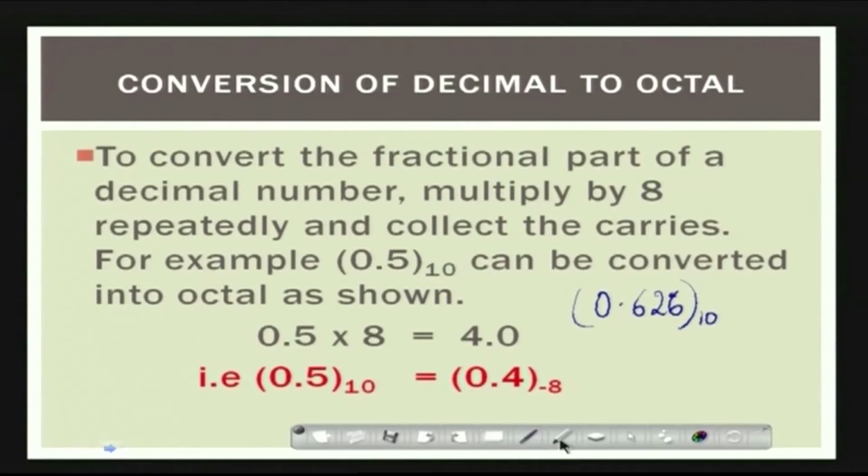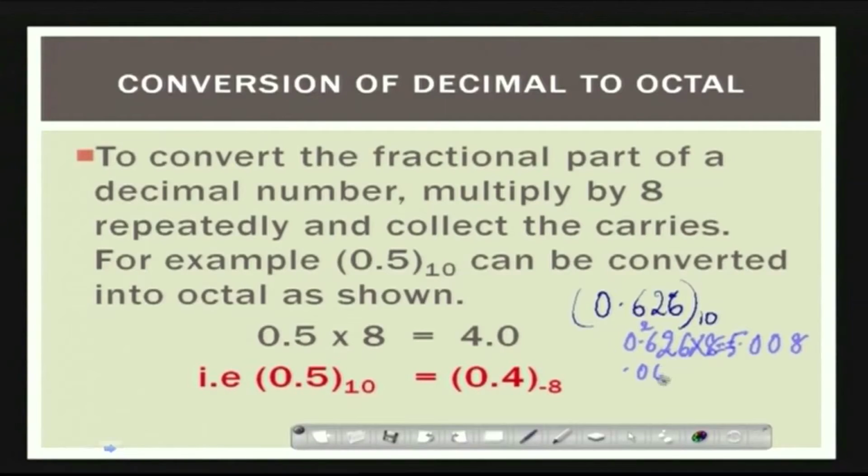So, what we can do is multiply 0.626 by 8, and what do we get? We get 8 here, 4; 16 will go in that, we get 2, and again 48, you will get 50. So, we are getting a carry 5.